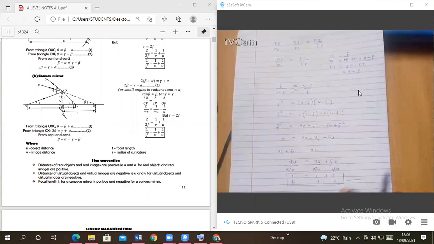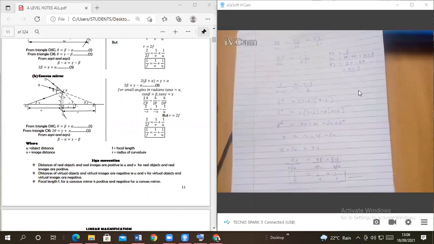All right. So the other thing that we should talk about: there are questions that can be asked to you. I was looking through a question bank. They are saying, draw a ray diagram to show the formation of a real image of a real object by a converging mirror. So the diagram you can draw is this.